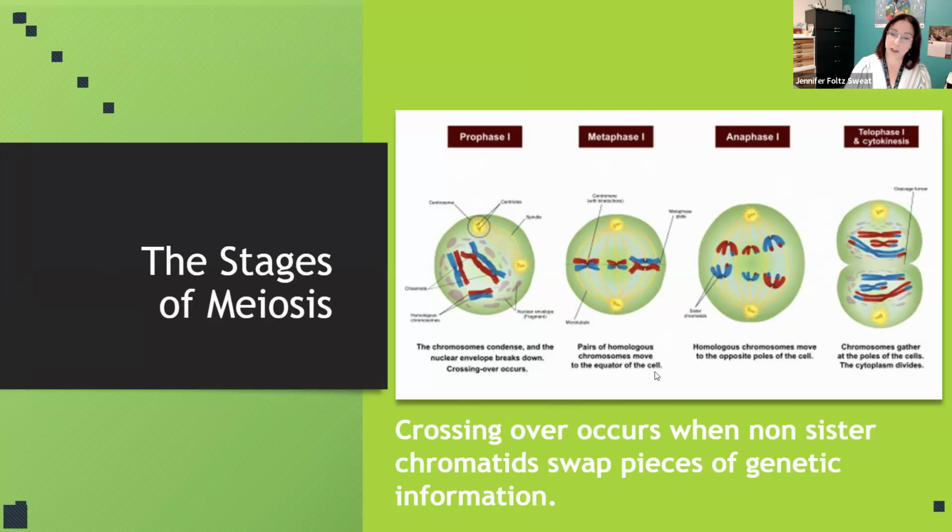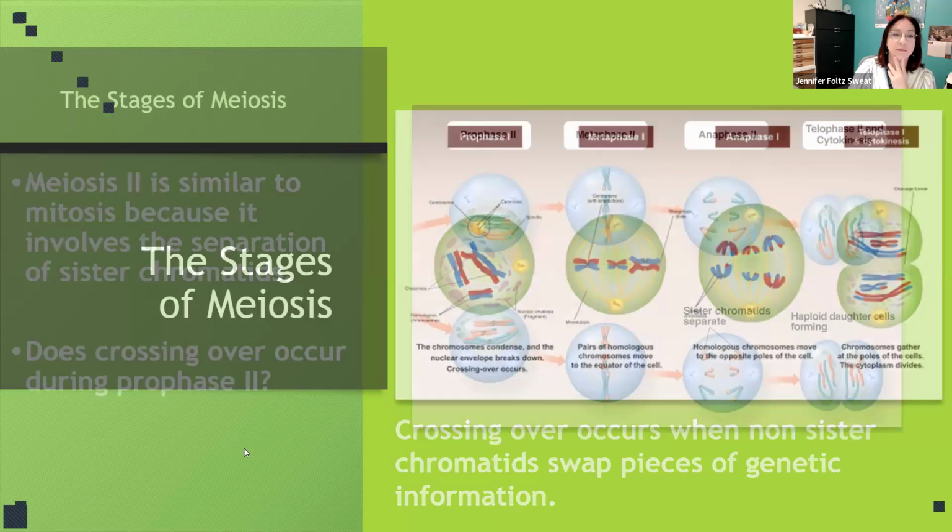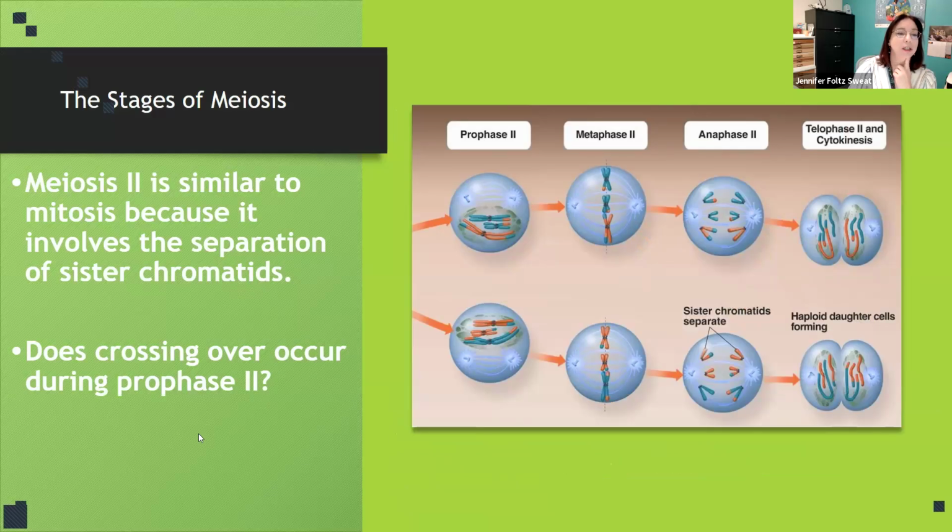Metaphase 1, pairs of homologous chromosomes move to the equator of the cell. Think equator, middle. Okay, so you can go back and write this information down. So meiosis 2 is similar to mitosis, but we'll get into that later.